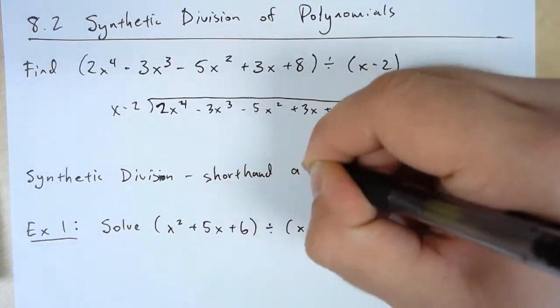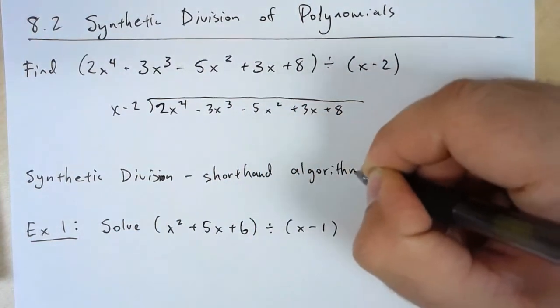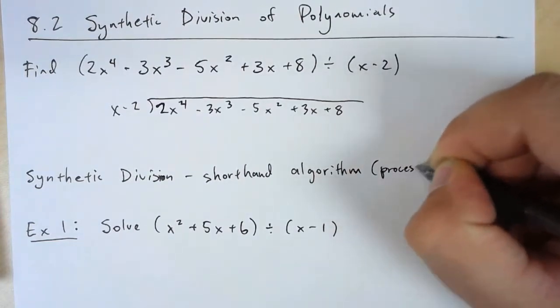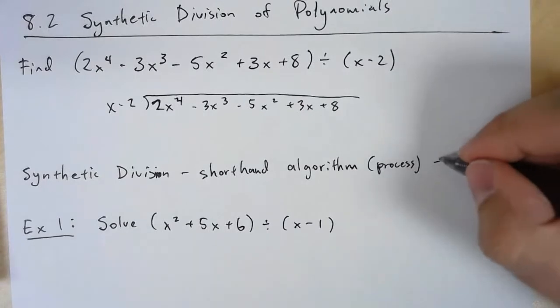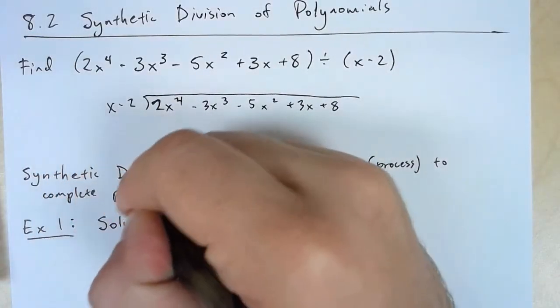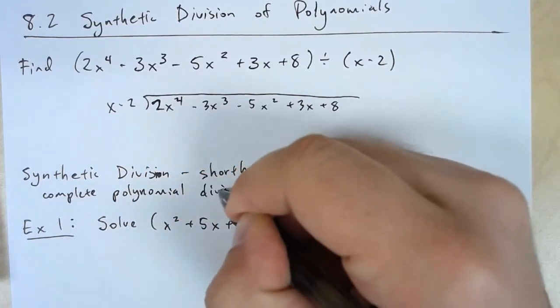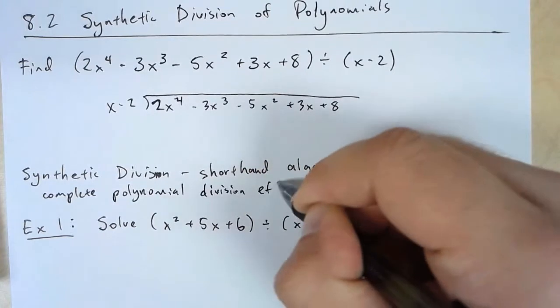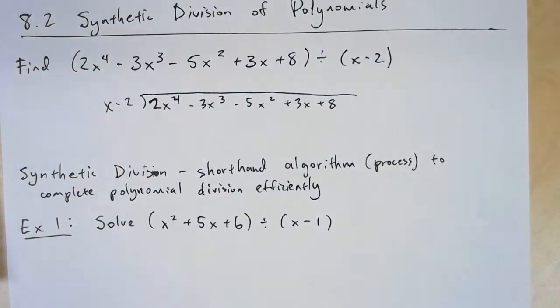It's called an algorithm, which is a basic way of saying a process where you do the same thing until you get your result done, to complete polynomial division efficiently, because we are all about efficiency in math.